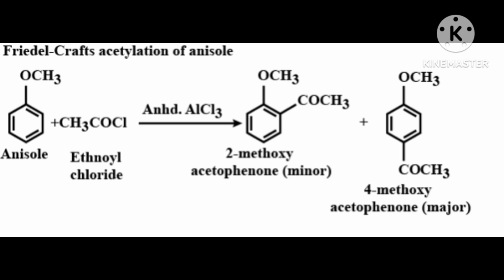Suppose it is going to the ortho position, then that hydrogen will go as H plus, and Cl from the CH3Cl, having a negative charge, will form HCl, correct? And the CH3, which is positive, will join with this carbon which is now negatively charged. Hence it will form 2-methoxytoluene. Okay, this is the minor product.